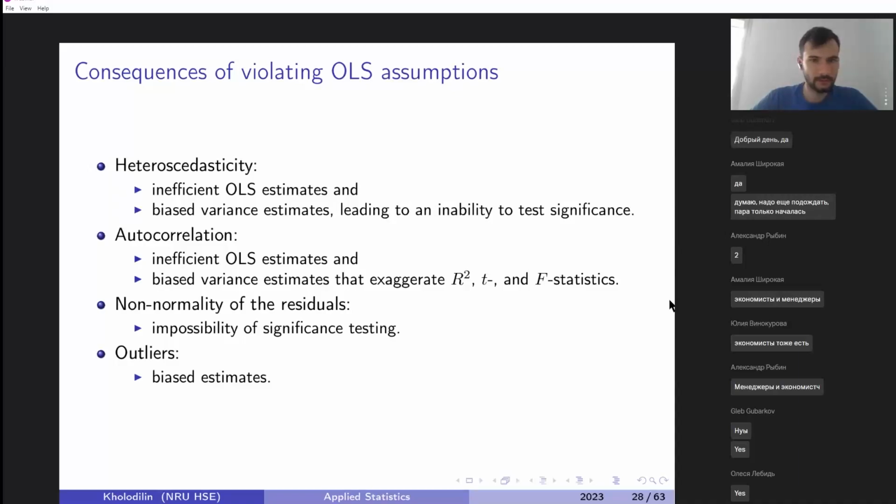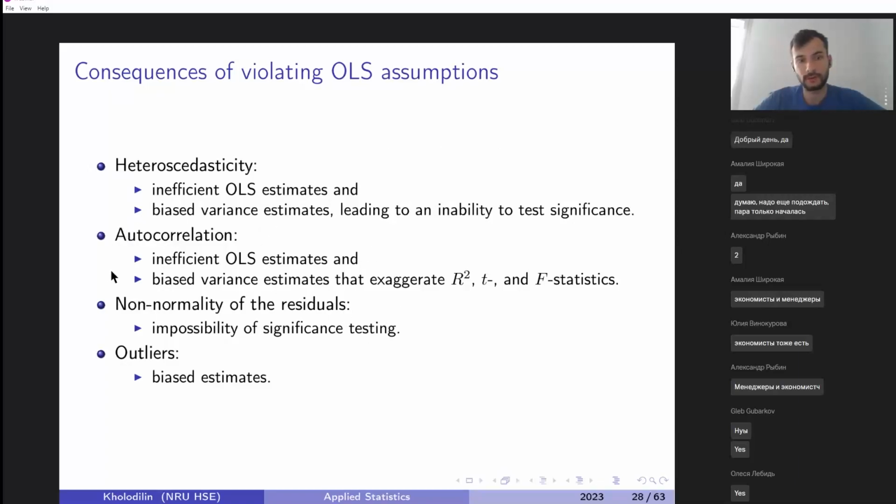So if we already talked a bit, if we have heteroscedasticity, different variance for different observations, then we cannot tell that our estimator is efficient, and then we have problems with variance, and then we cannot build the inference interval and test for significance.